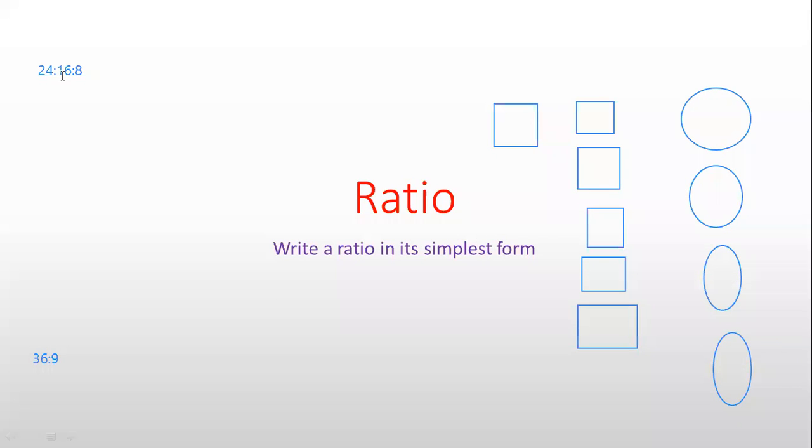Yes, exactly, it's 8. You have to say 24 divided by 8 equals 3. 16 divided by 8 is 2. 8 divided by 8 is 1. So the ratio will be 3 to 2 to 1. This is the simplest form of this ratio.